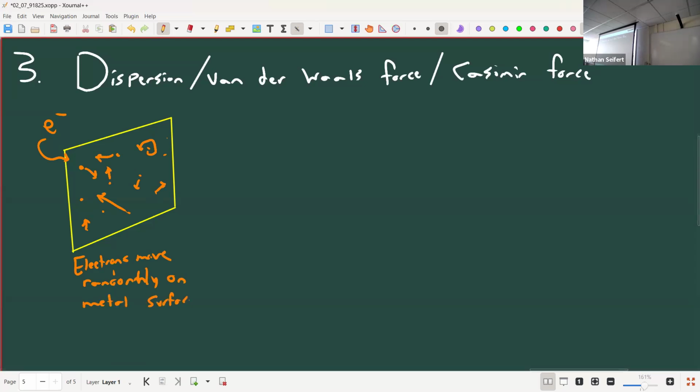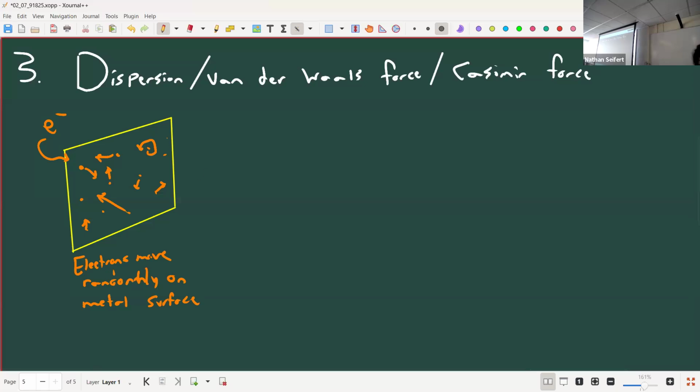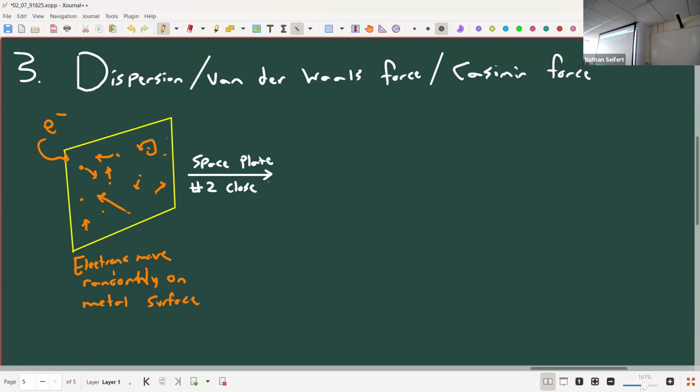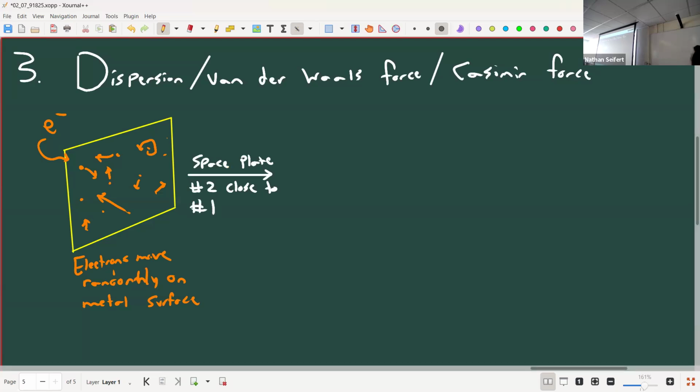And then what happens when I bring in another surface of the same kind with random electrons, right? So now I'm going to bring in the other plate. I'm going to space plate number 2 close to plate number 1, just like in the Casimir experiment.